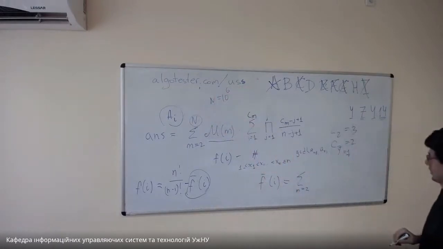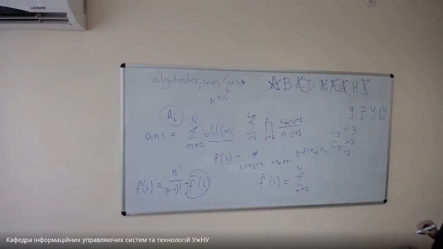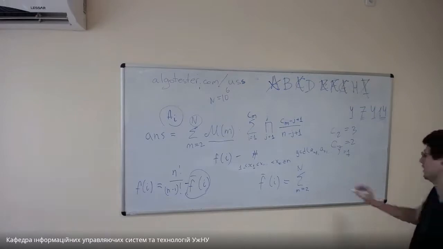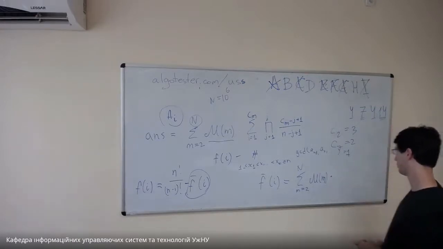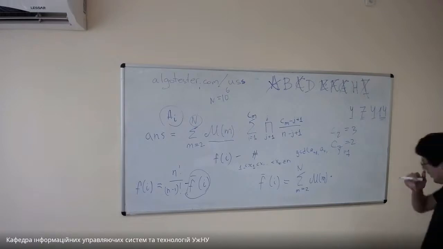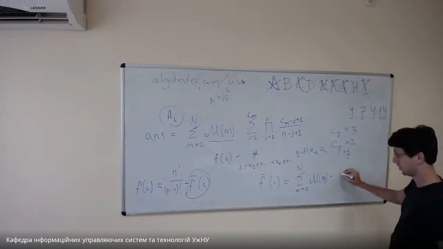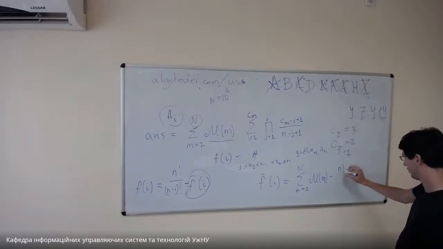Okay, sum over m from 2 to n of mu of m multiplied by some coefficient, I believe, n factorial.